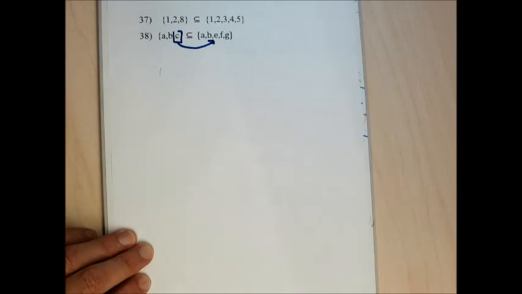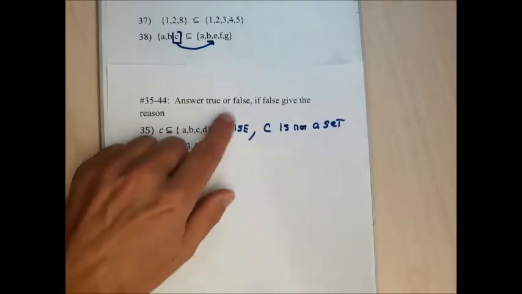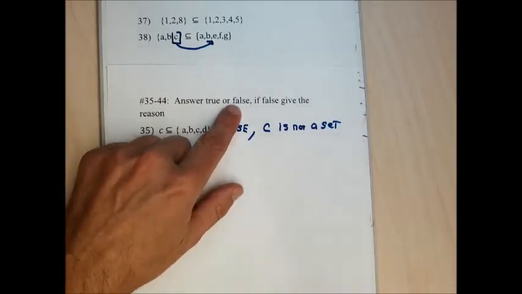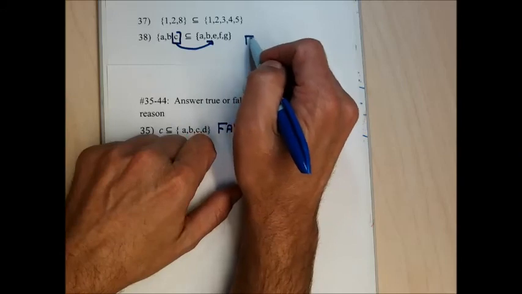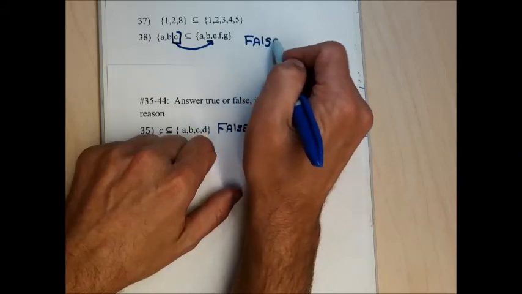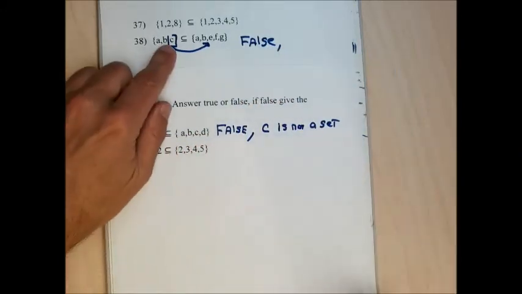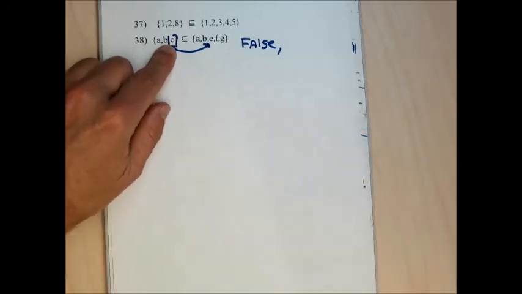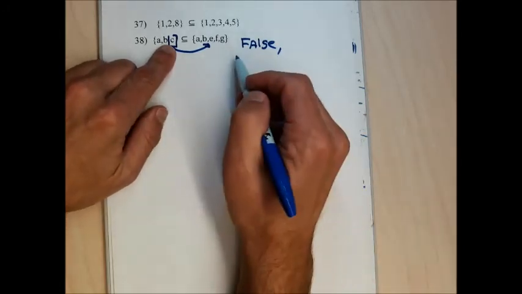The left set has the letter C, which is not in the right set. So I'm going to answer true or false. I'm going to say this is a false statement. And why is it a false statement? The left set has the letter C, their element C, that is not in the right set.